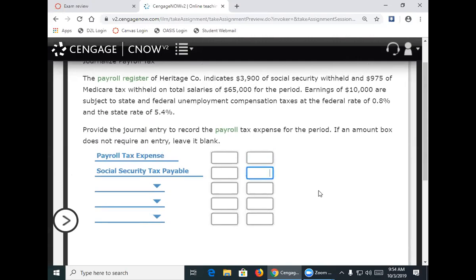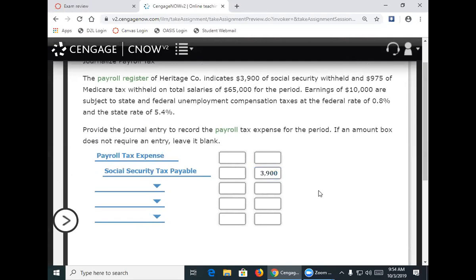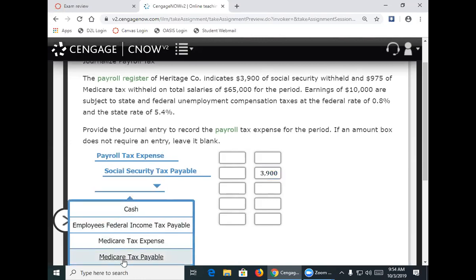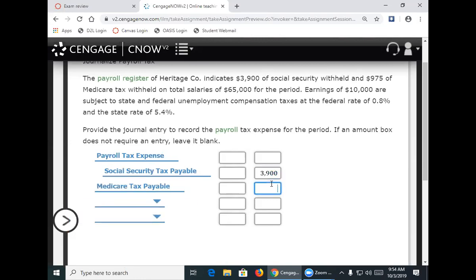We're just creating the journal entries and we'll send the money later. The expense is all recognized here in that payroll tax expense. We kind of put it all in there. And they gave us that $3,900. Notice this matches the last one. What else do I credit? Medicare tax payable. Perfect. Medicare tax payable, and that's the $975.